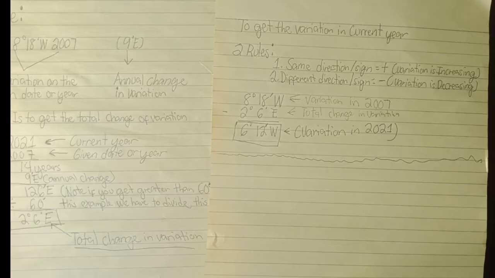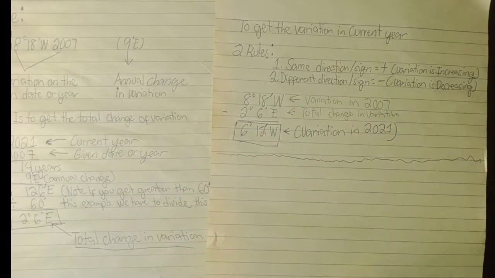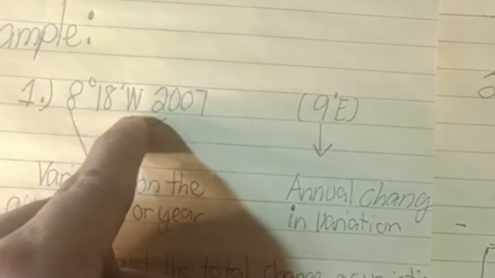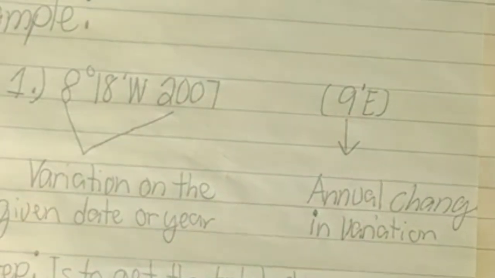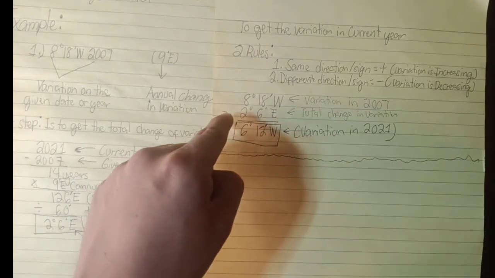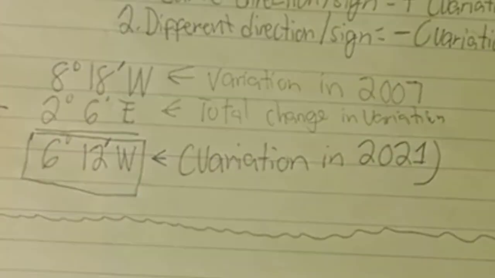Now we are going to get the variation in 2021. First, we put the variation in 2007: 8 degrees 18 minutes west. Then the total change in variation: 2 degrees 6 minutes east.